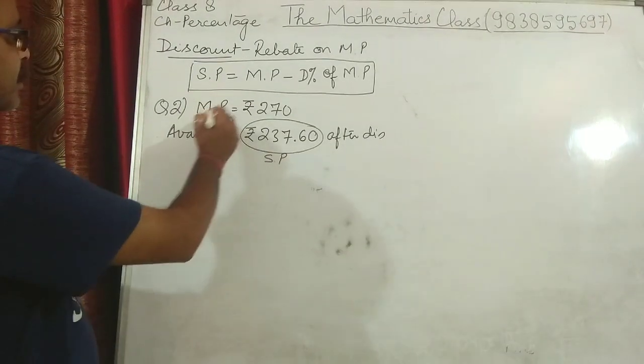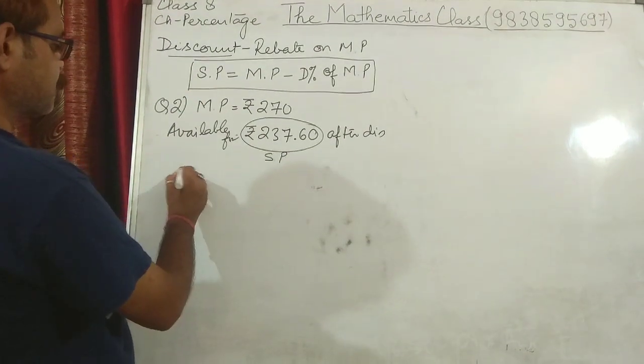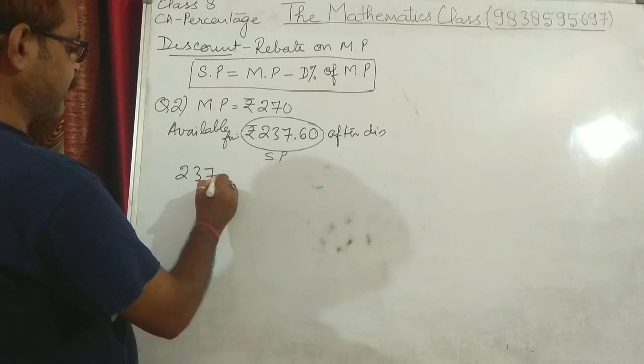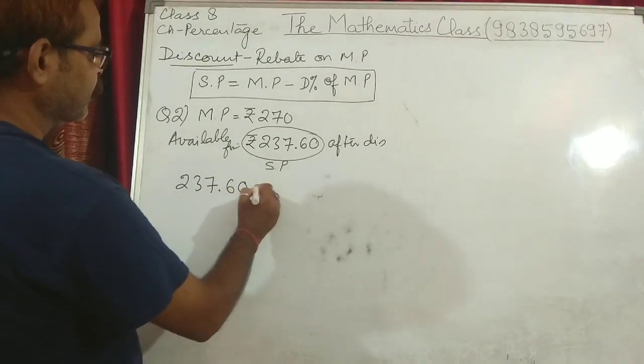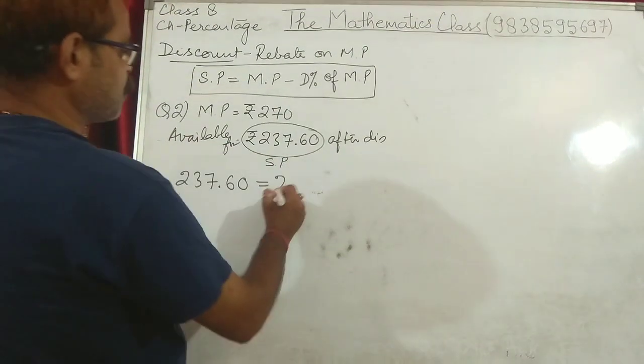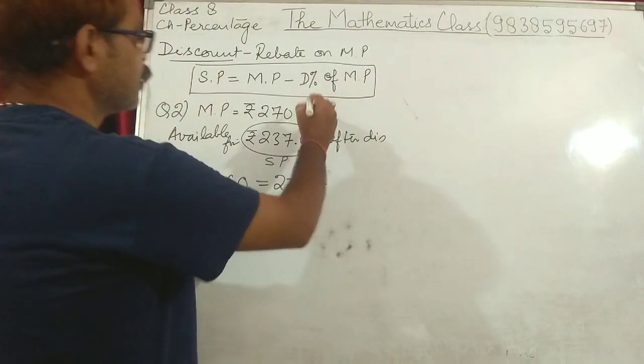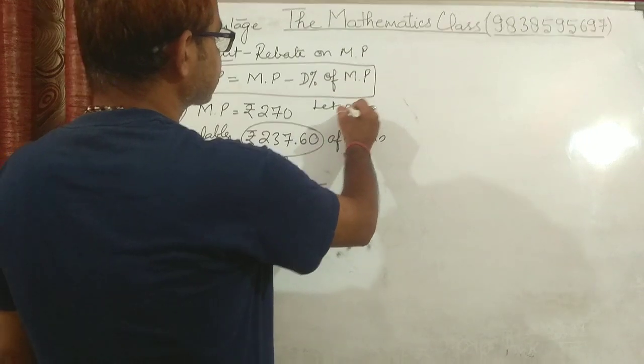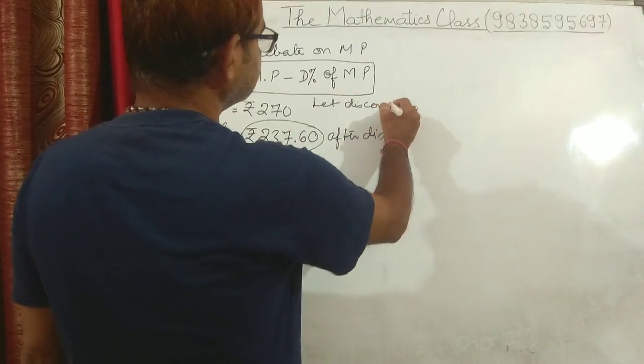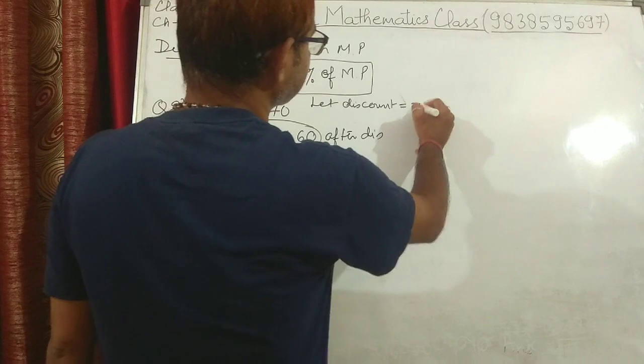Now let's see. Selling price 237.60 is equal to mark price 270 minus discount percent. So we assume the discount is equal to X percent.